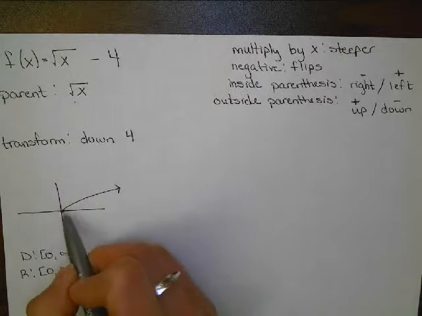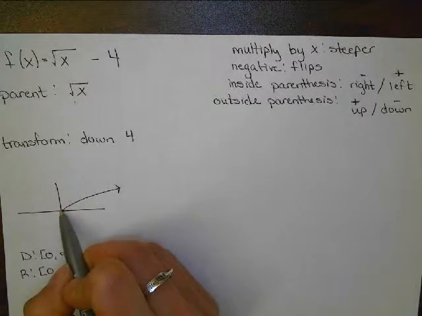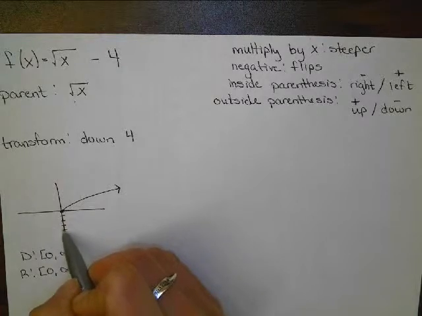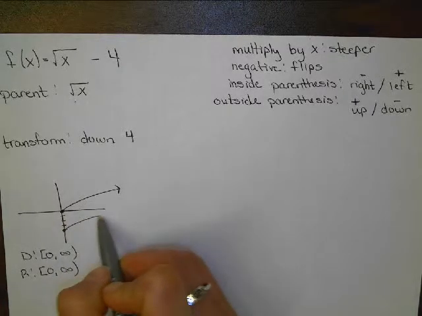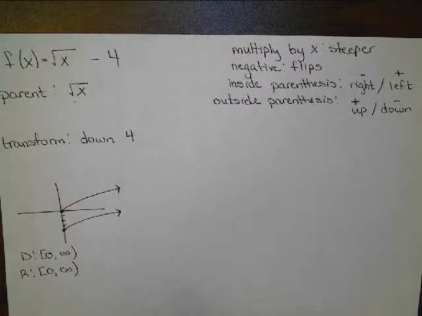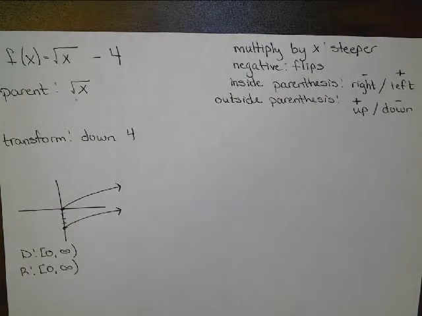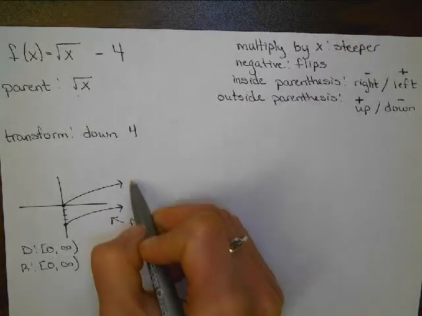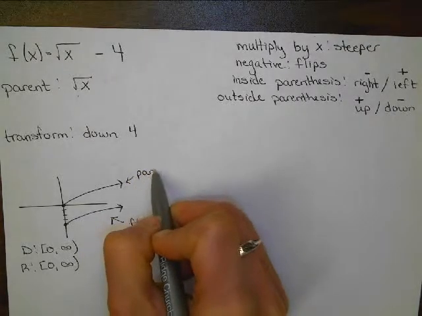Well, I know that this transformed function moved down 4, so I'm going to take my vertex here and move it down 4. It's going to start here now, and it's going to look exactly the same. All it did was move down 4. So if I know it moved down 4, then that's going to affect my range.